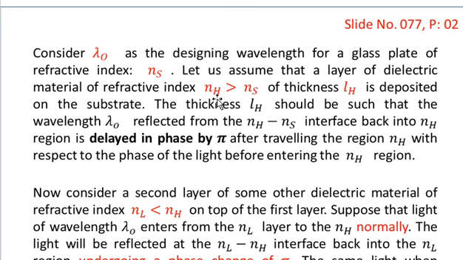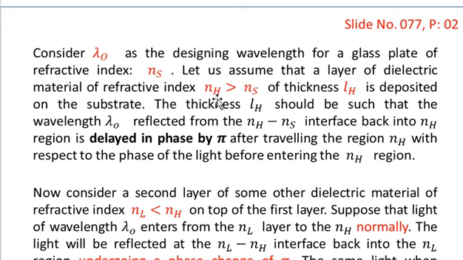Now consider a second layer of some other dielectric material of refractive index NL, less than NH. So you see that we have another coating with refractive index NL. NL means a material with a low refractive index. That's why we have labeled it with the subscript capital L, standing for low refractive index in comparison with NH, and of course NL is less than NH, on top of the first layer.